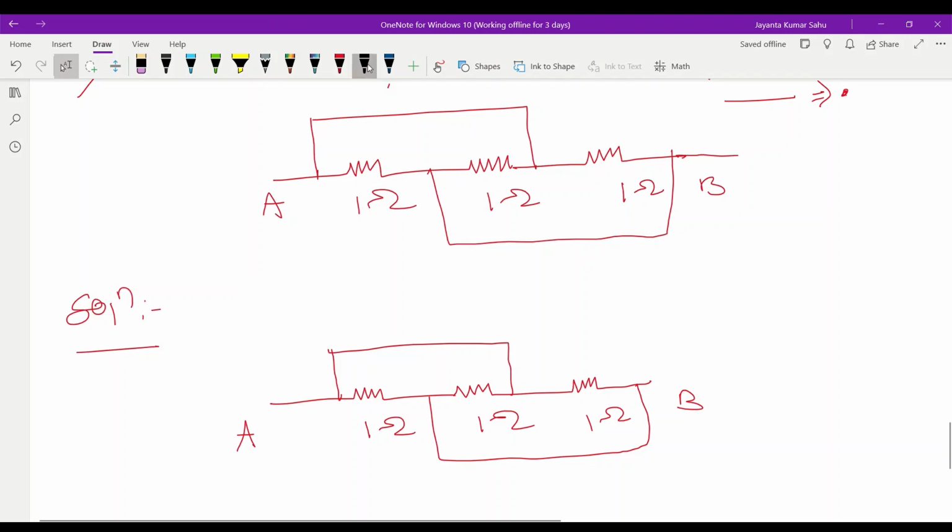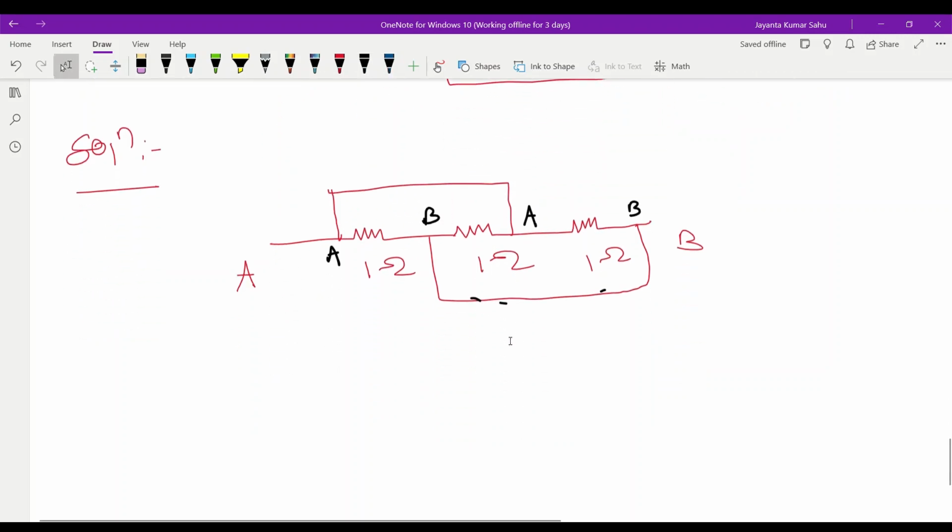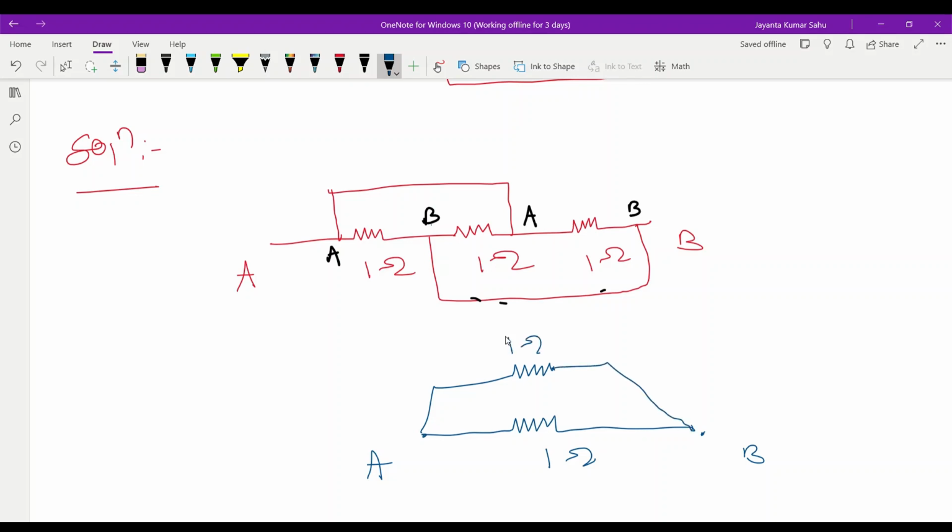Here there are no circuit elements, so this terminal is A, this terminal also A. Here no circuit elements, so this is B, this terminal also B. Now we just rearrange the circuit. Let this be point A, this be point B. A to B 1 ohm, B to A 1 ohm, A to B 1 ohm.